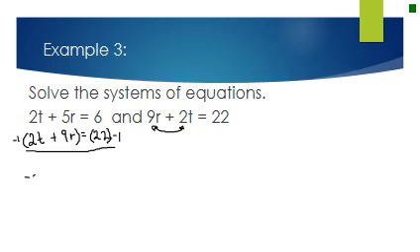That gives us -2t, plus, oh, no, I don't want to write plus. I want to write -9r, because -1 times 9r gives us -9r. So we write -9r equals -22. And then I'm just going to write the other one right below it. And as you see, it doesn't matter which equation is on top or on bottom.